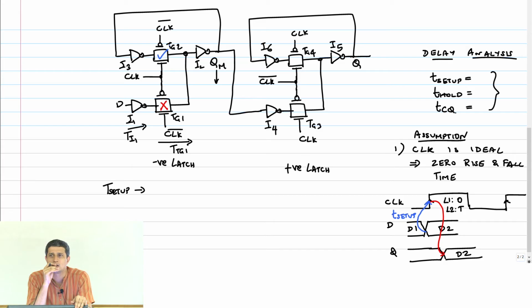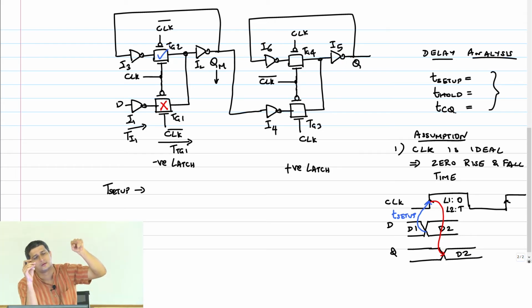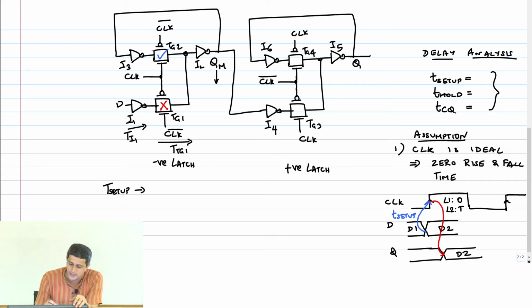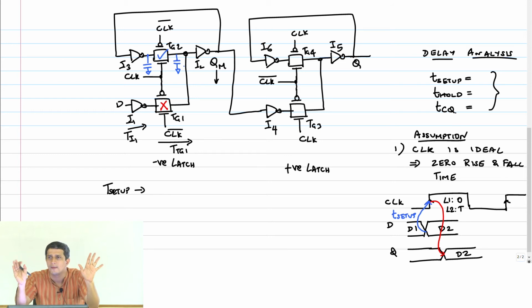Now, when my clock turns off and it turns on this feedback path, what you want to ensure is that the feedback path is holding the right value. Which means that if I can ensure that this capacitor here and this capacitor here are holding the same value.